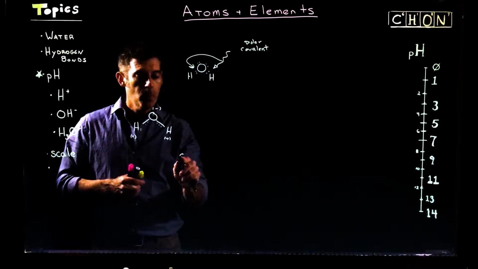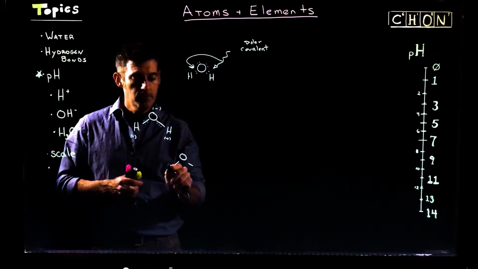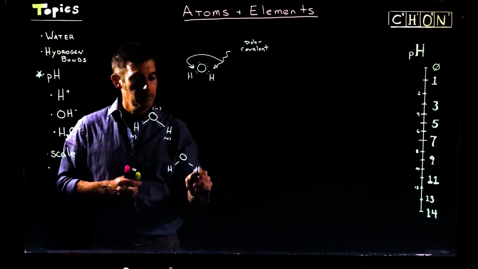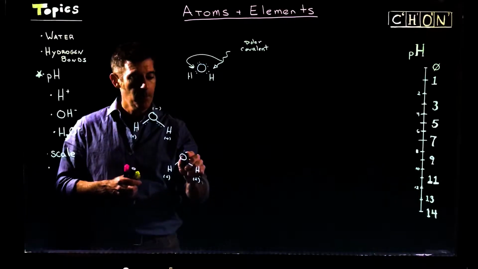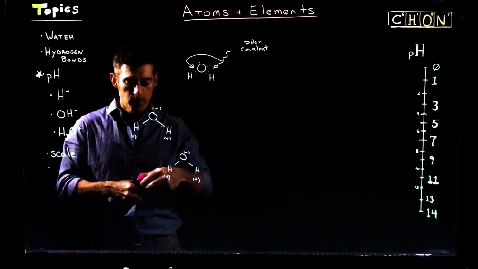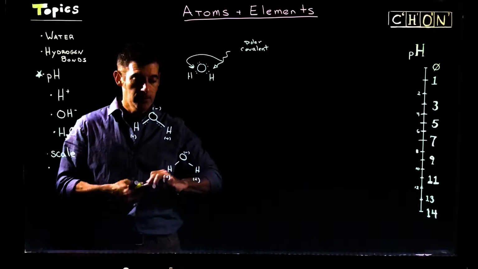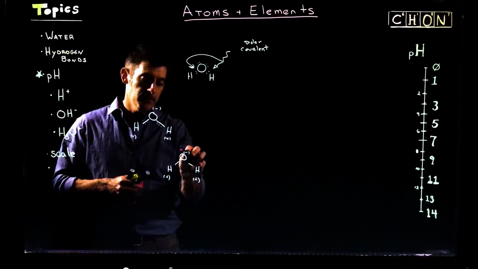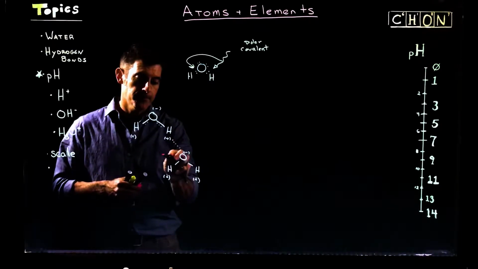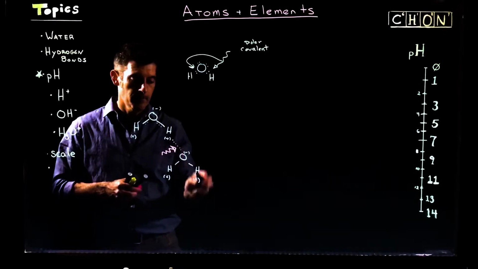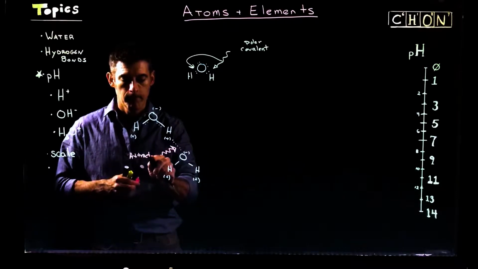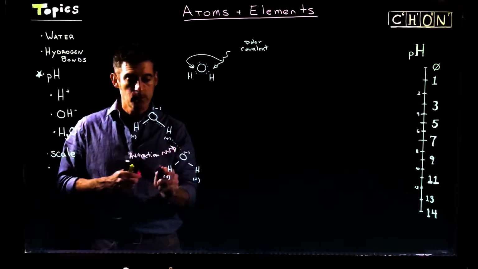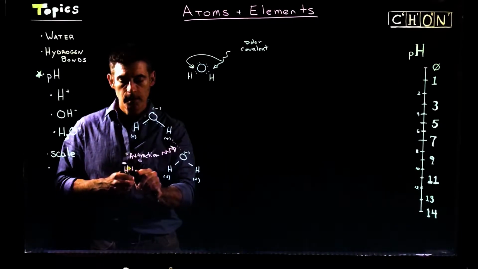When there are multiple water molecules around, and this is a review from a previous lecture, the water molecules will interact. So there will be a particular attraction. The attraction is between the negative and the positive. That's an attraction, and this attraction is what we call a hydrogen bond.